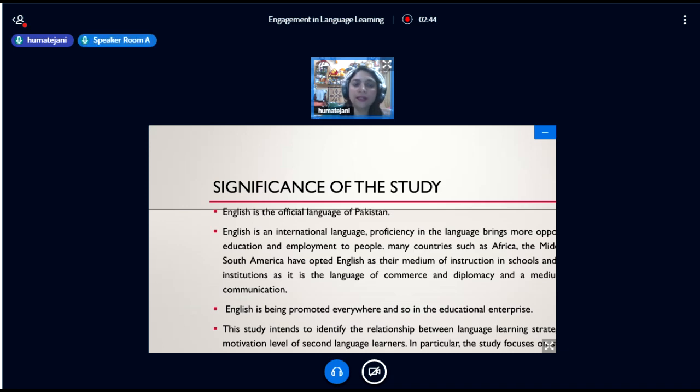It is also a language of commerce and diplomacy, and highly regarded as a medium of communication in our country. It is promoted everywhere, even in marketing, law, and commerce. It is the language that is mostly used. So this study intended to identify the relationship between language learning strategies and motivation level of second language learners.